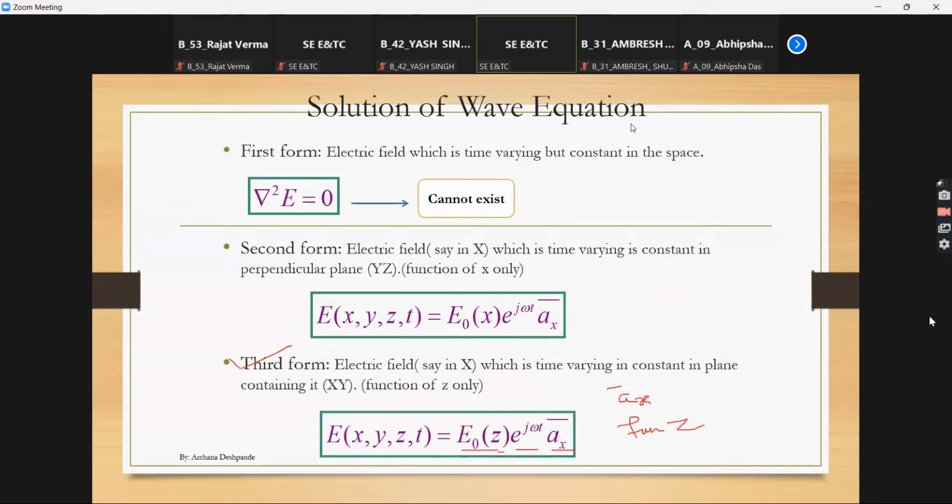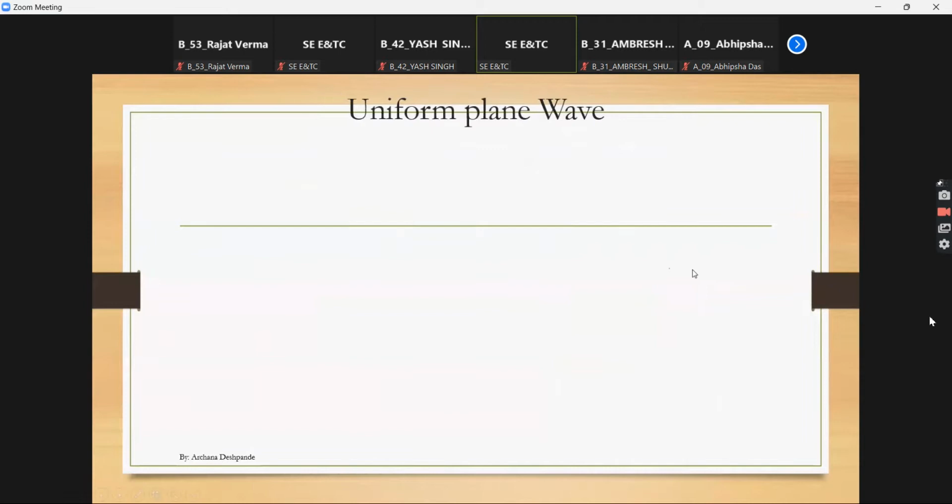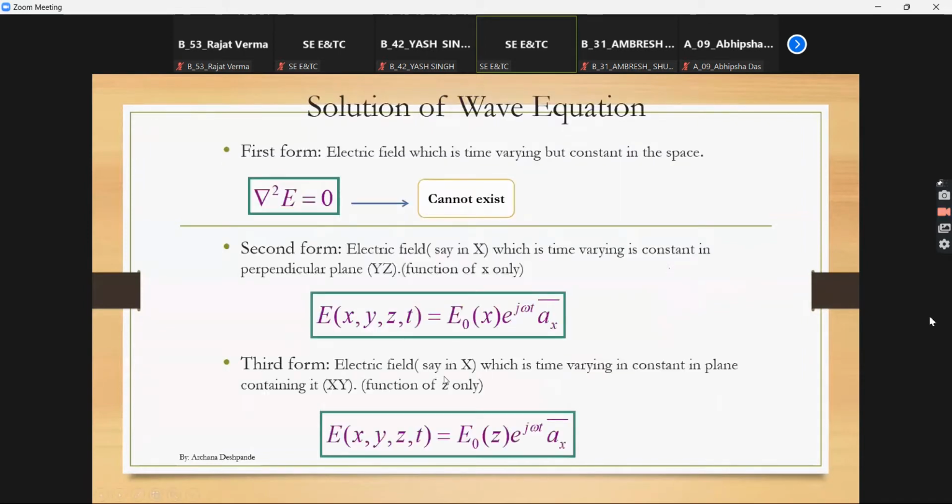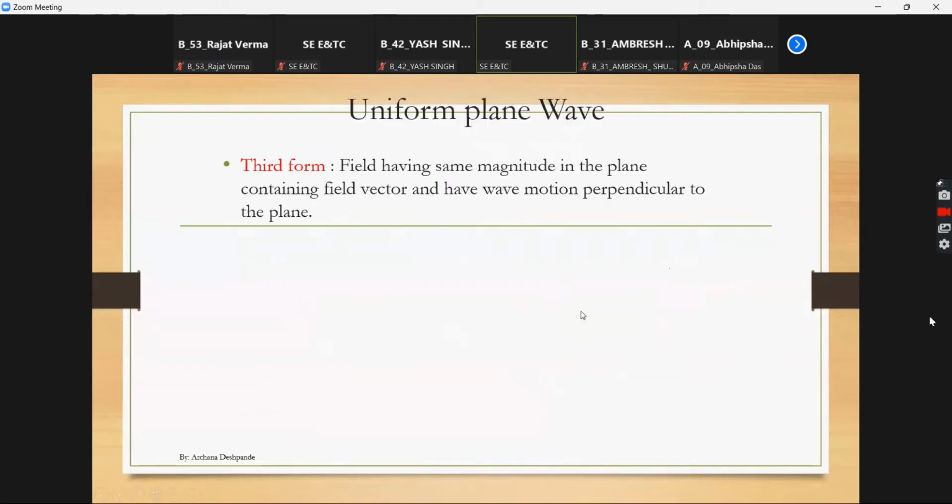This form, which I showed earlier, is in terms of a mathematical expression. Now let's express this form in words.